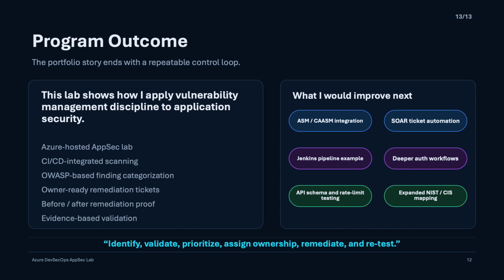The workflow stays consistent throughout. We identify, we validate, we prioritize, we assign the ownership, we remediate, and then we retest or verify. Overall, this was just a controlled lab, but the process does reflect how I would approach real AppSec vulnerability management work. So in closing, that's the walkthrough right there.